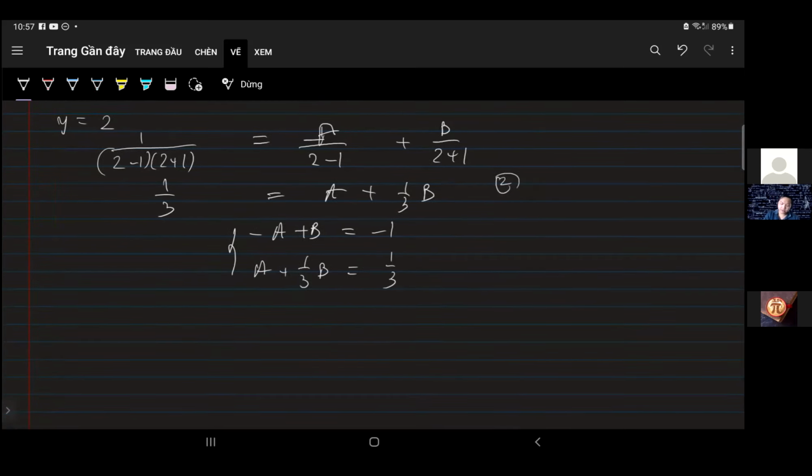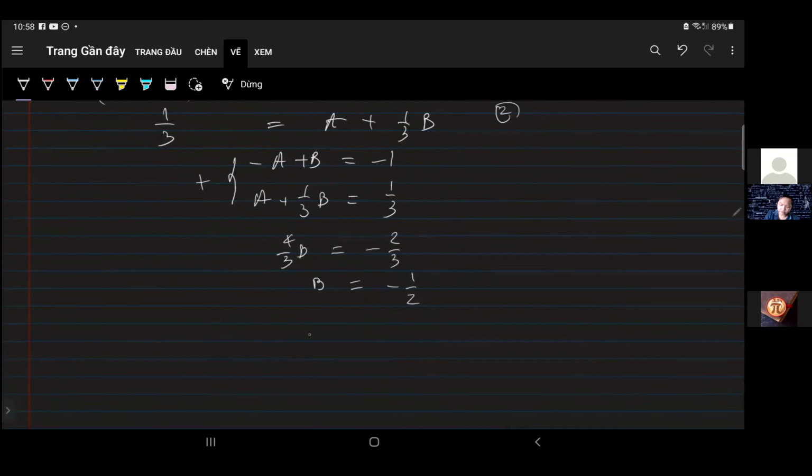From here, if I want to solve, I just take the first one and the second one. So I have 4/3 of b equal to negative 2/3, and b equal to negative 1/2, and I plug in on the first one. I have negative a minus 1/2 equal to negative 1.